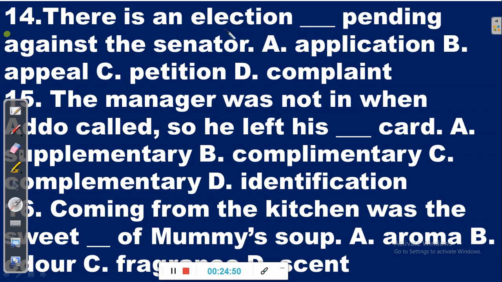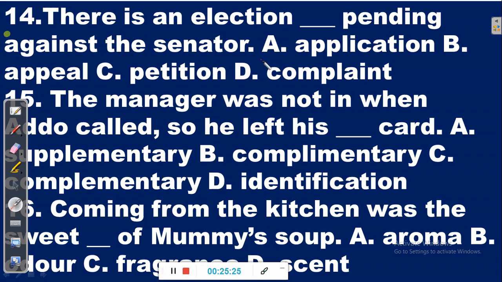This has to do with the language of politics, as well as the language of the judiciary. These two sectors are what we are concerned with, the kind of language that is used in discussing politics, such as the election, which is an aspect of politics. And a petition is also something that is connected with the judiciary.